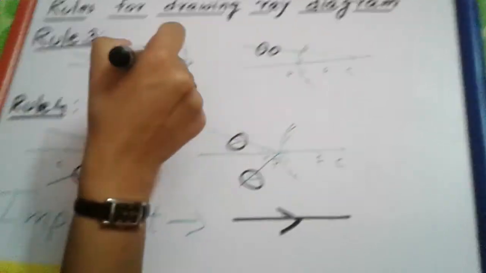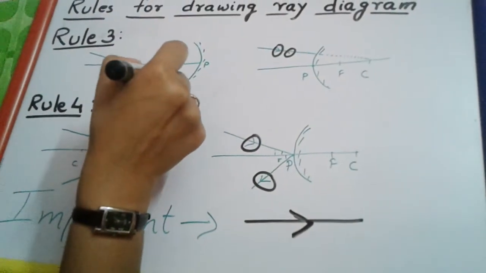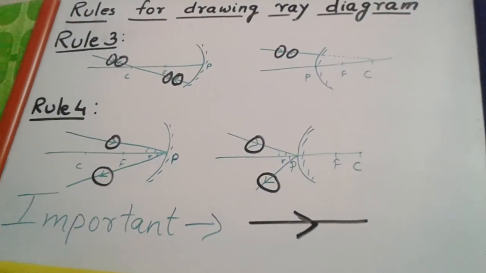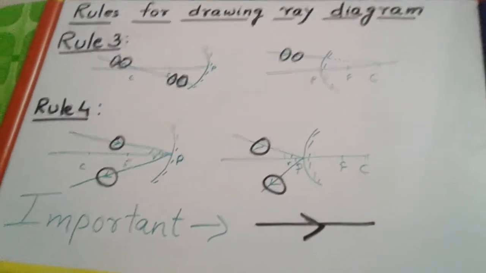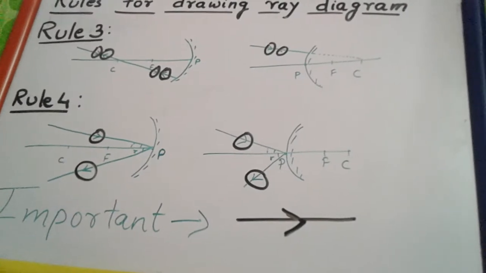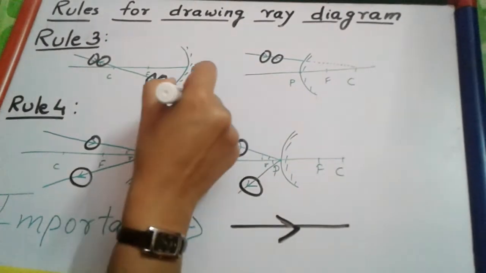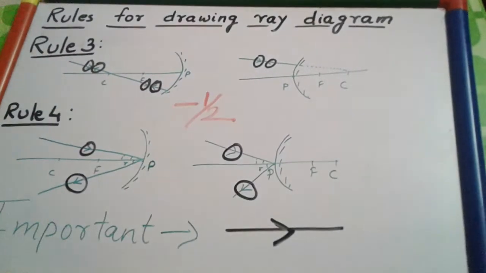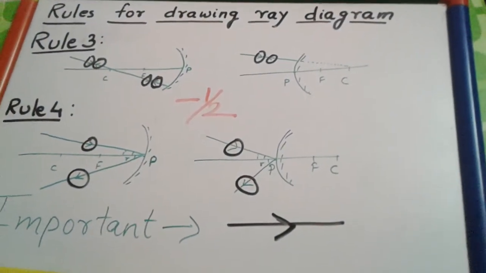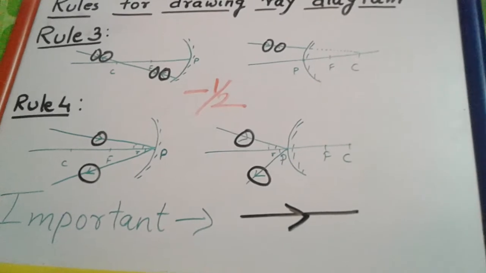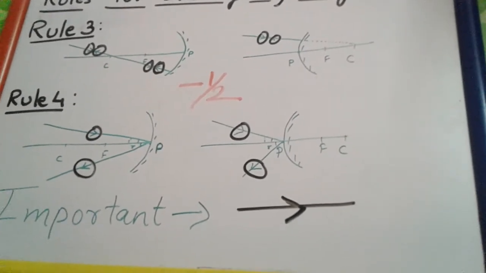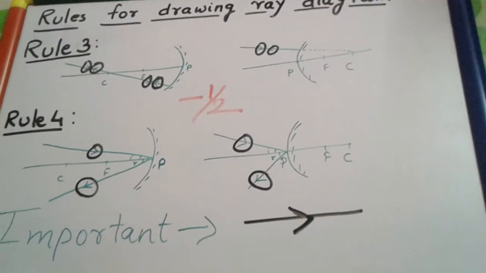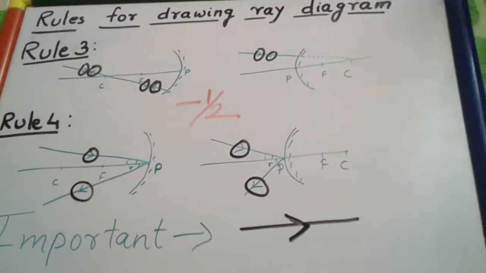Everywhere you can see this. That means this is a very important point, because if you do not mark this, then you can see minus half. That is, half mark will be deducted. This is the rule for every type of board, whichever board you appear for. This thing you have to remember.